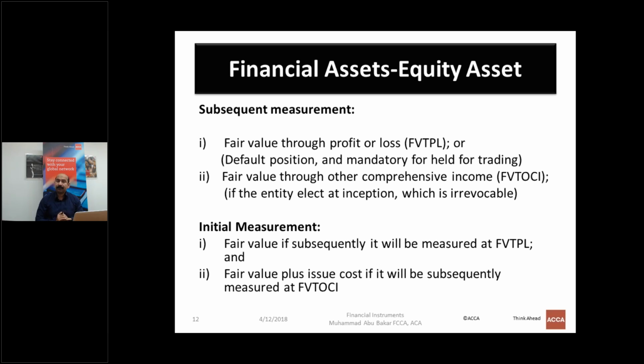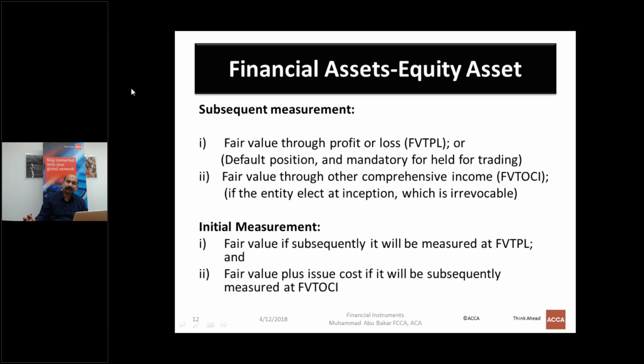But if you want to measure it subsequently at fair value through other comprehensive income, this selection will be made at inception, and you cannot revoke that treatment. You will have to follow that treatment. You cannot change that subsequently.